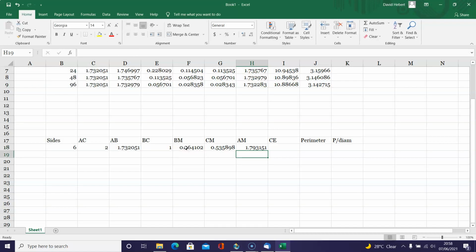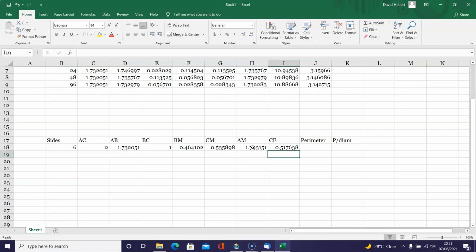And so there's my value of A to N. And then last but not least, CE is equal to CN times A to B divided by AN.